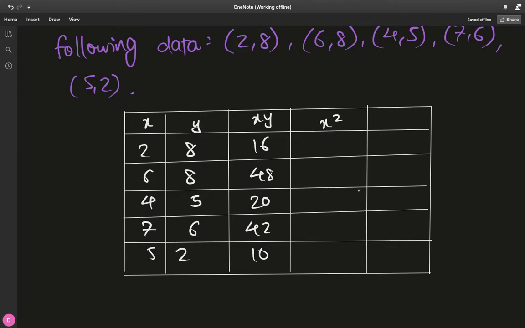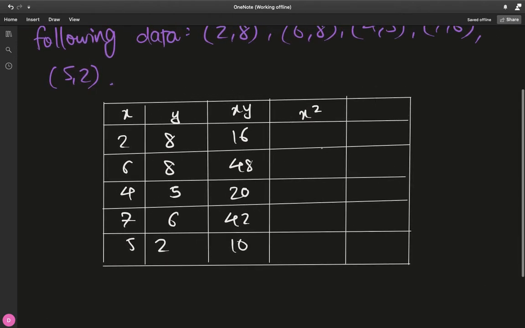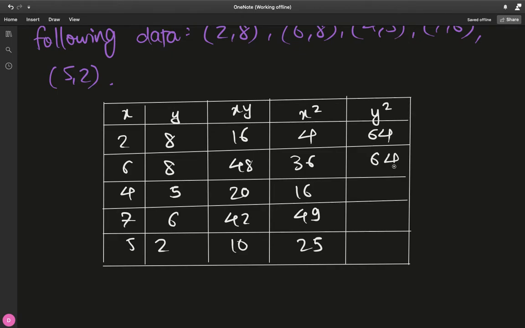Then we have x squared 4, 36, 4 squared 16, 49, 25. Then we need a y square, so it's 64, 64, 25, 36 and 4.